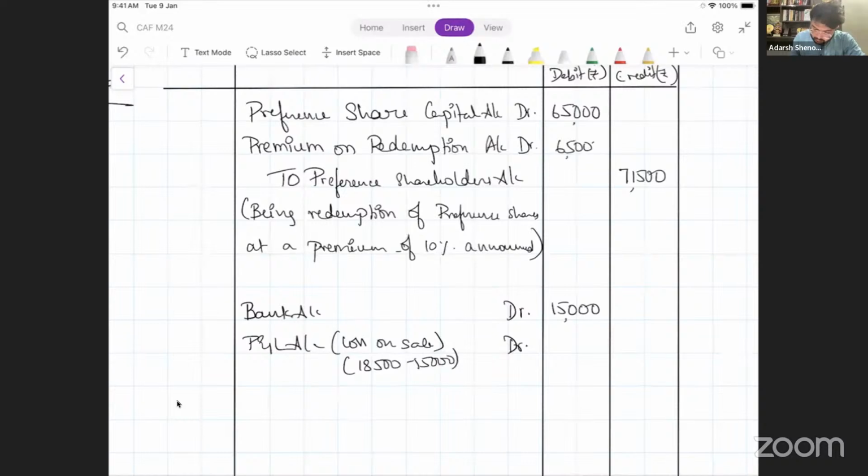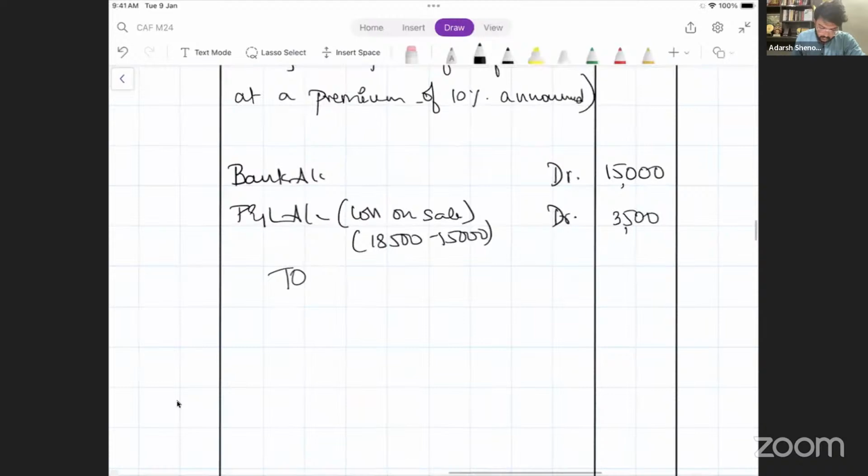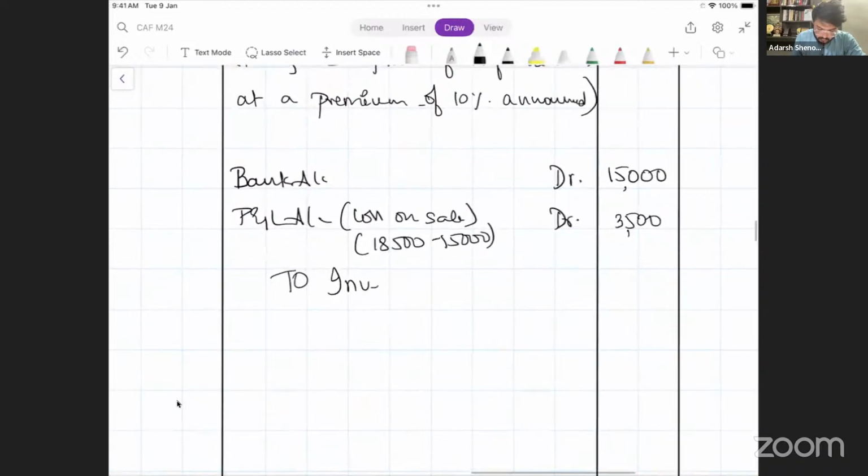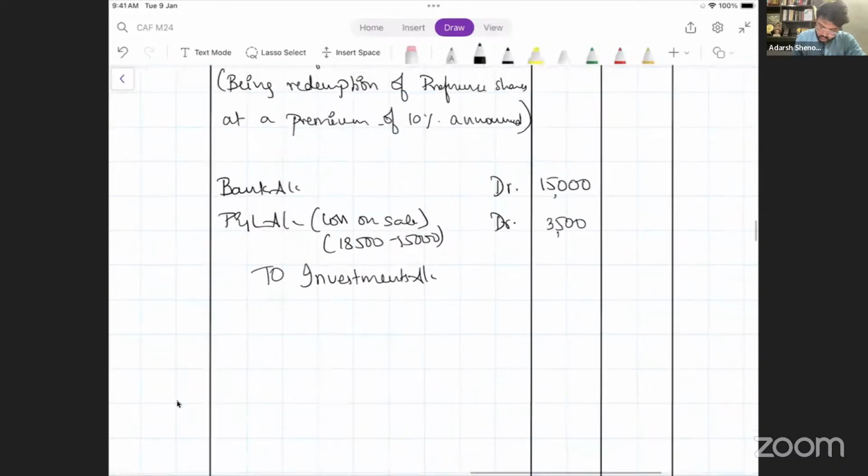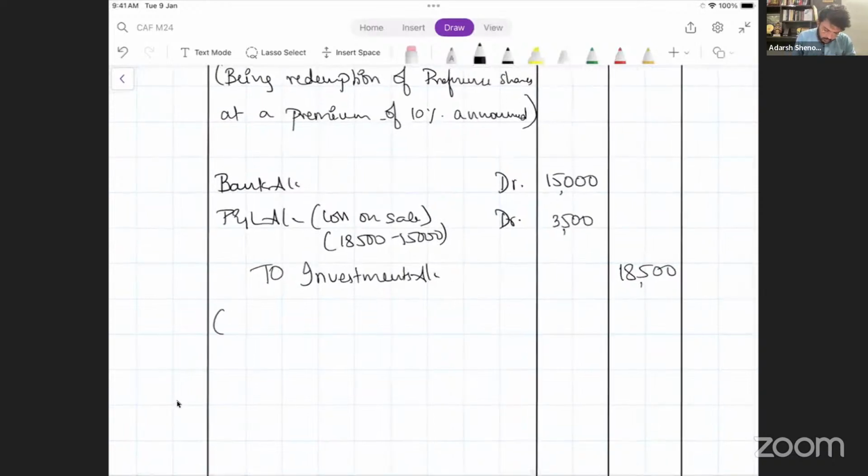So 3,500 is my loss on sale, to investments 18,500. Being investments sold at a loss.